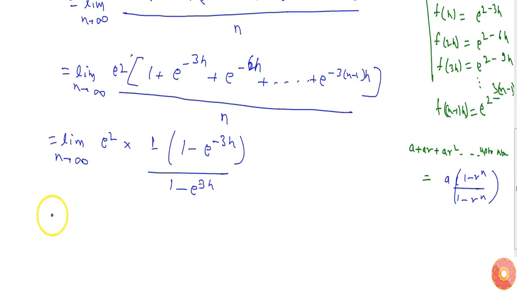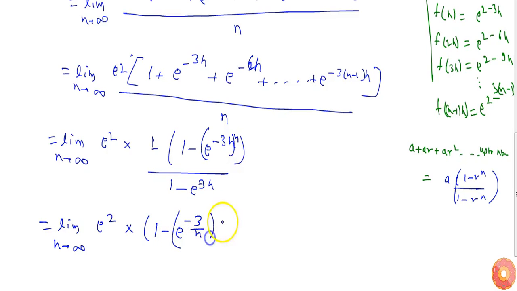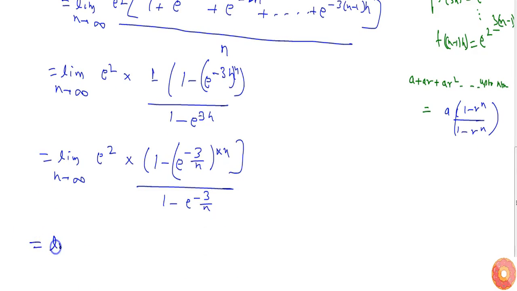So if I put the value of h, which is 1 by n, I'll get 1 minus e power minus 3 in the numerator, divided by 1 minus e power minus 3 by n. So in the numerator I'll get, as n tends to infinity, e square times (1 minus e power minus 3), and in the denominator I have 1 minus e power minus 3 by n.